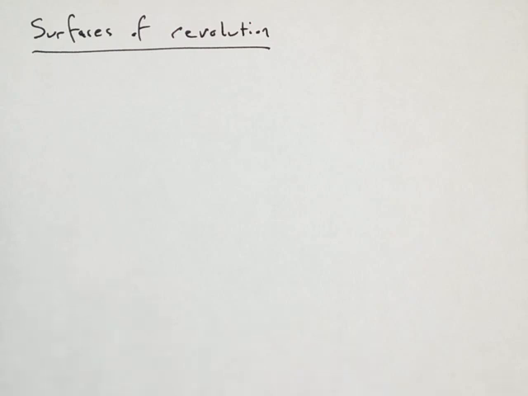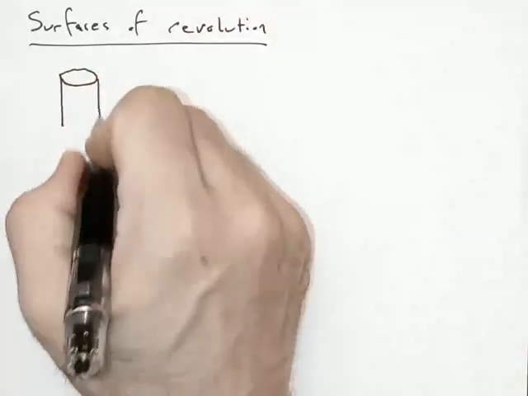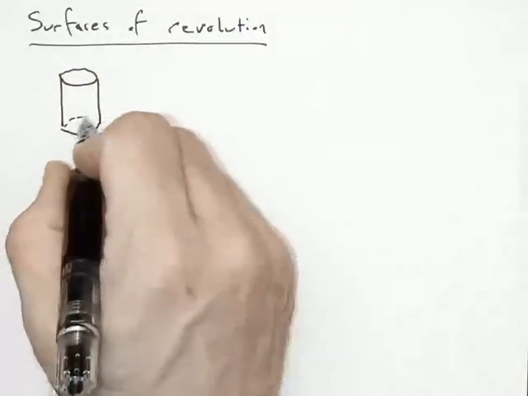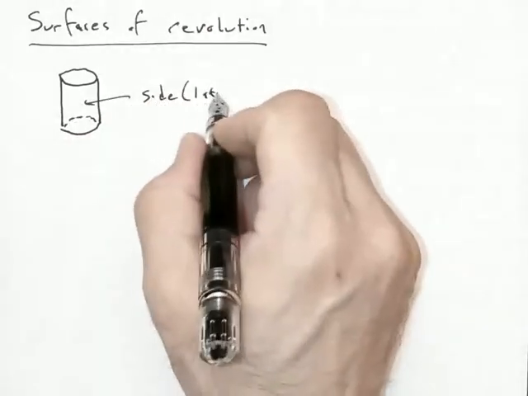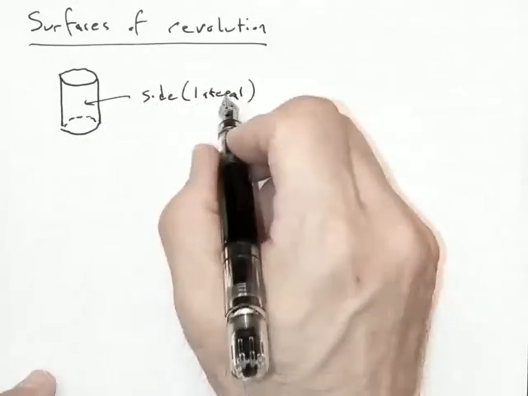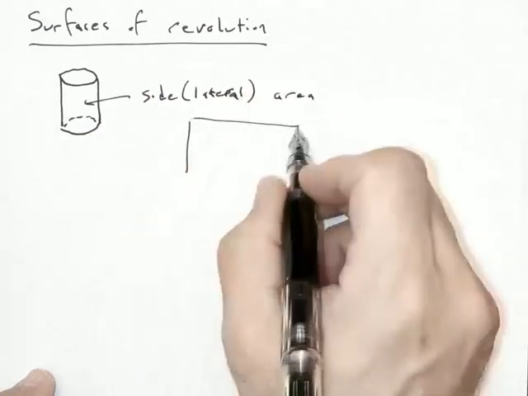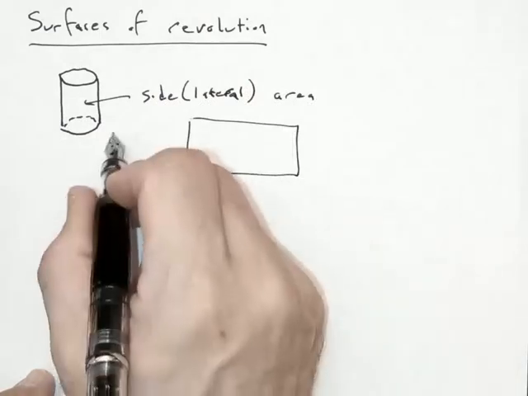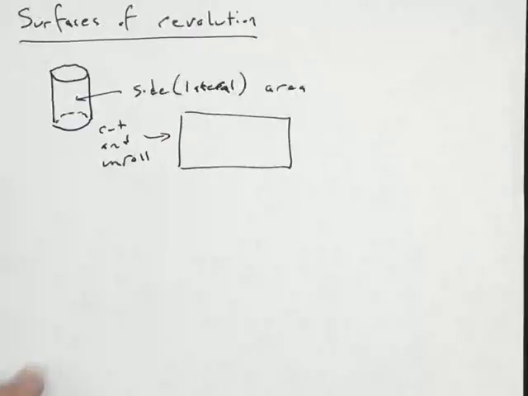Okay, so if I have a cylinder with an open top and an open bottom, I cut and unroll, and I get a rectangle.